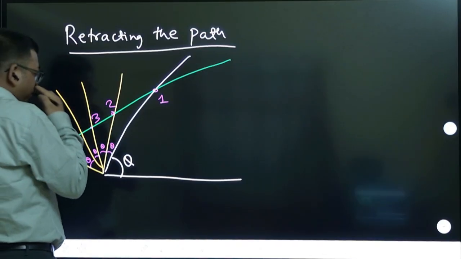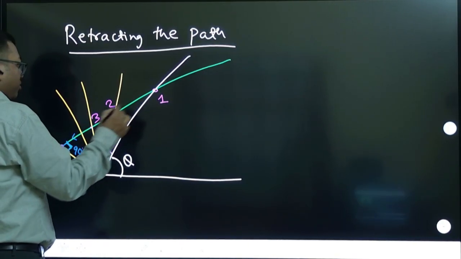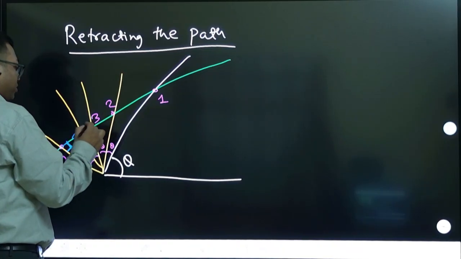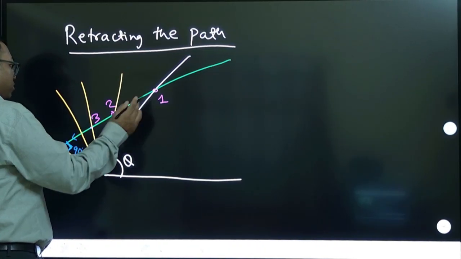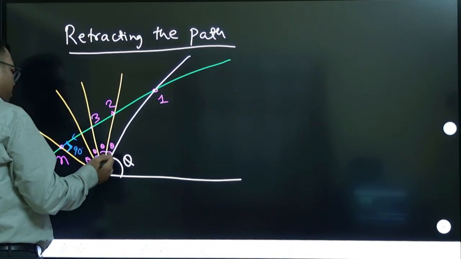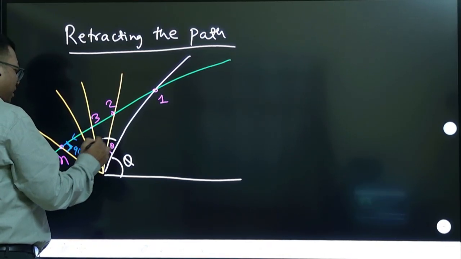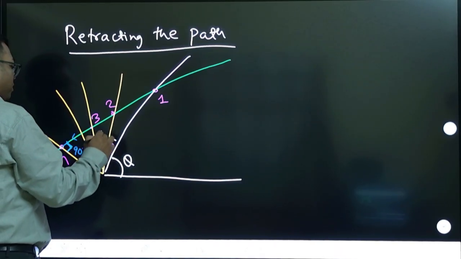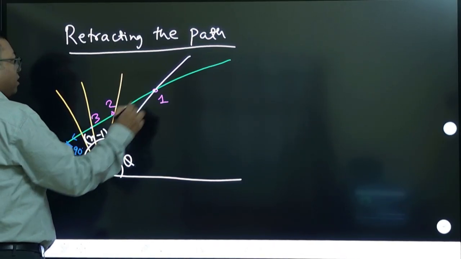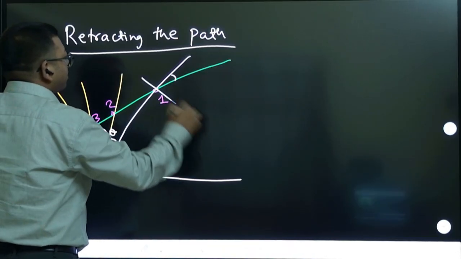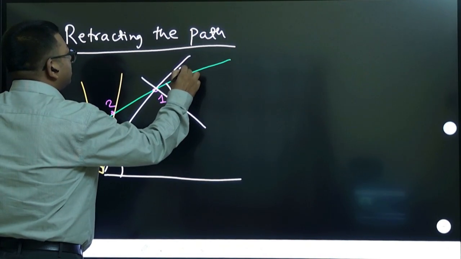Between 1 and 2 this is theta, and between 1 and 3, 2 theta will happen. So the total angle is n minus 1 times theta. And this angle we have already taken: this is i here, this is 90 minus i.